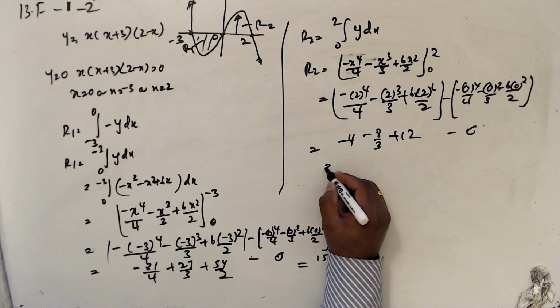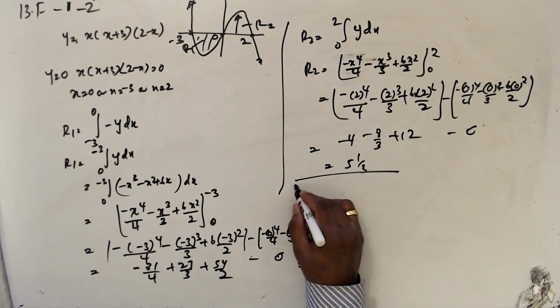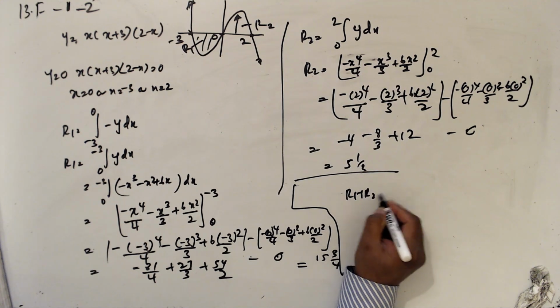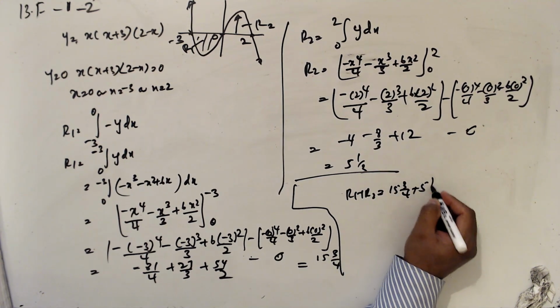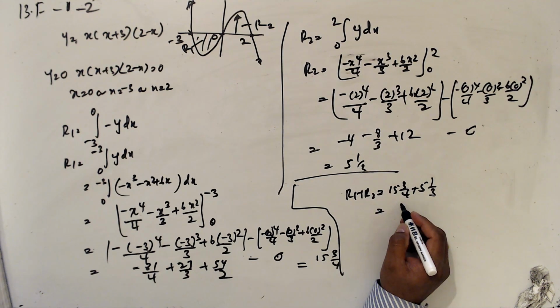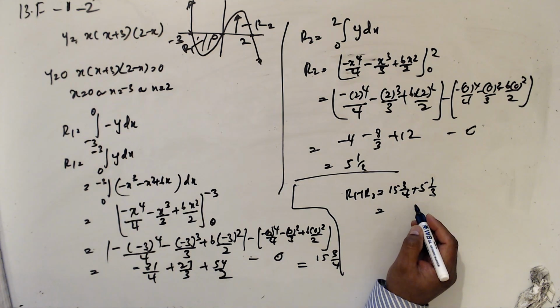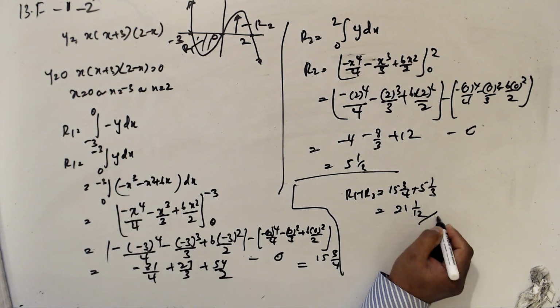So your answer should be 5 1/3. So now R1 plus R2 equals 15 3/4 plus 5 1/3. So this is going to be in total 21 1/12.